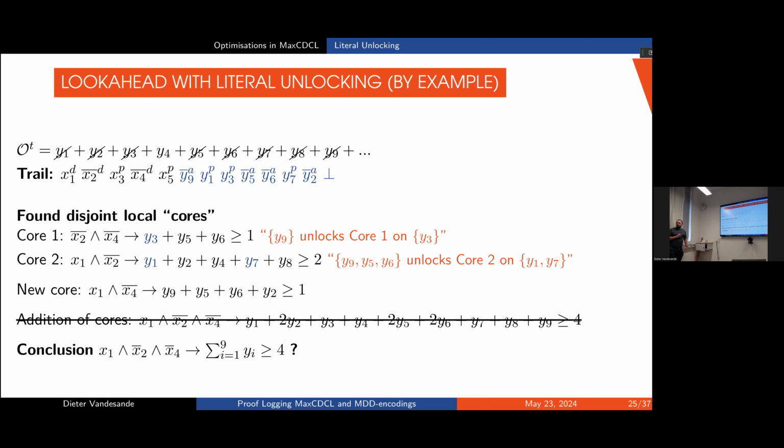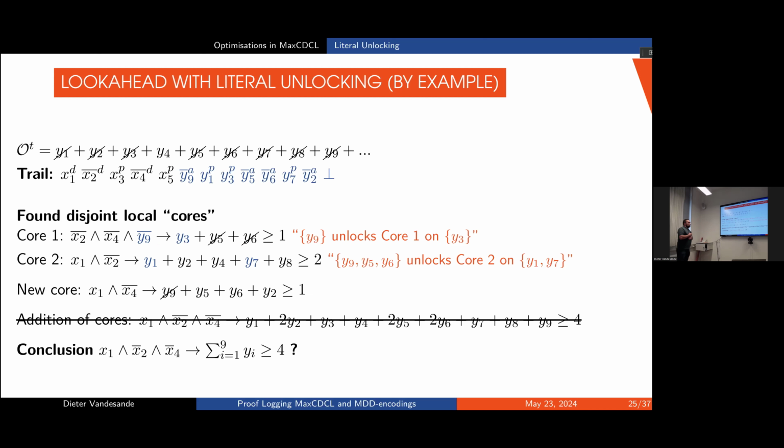Let's assume now the opposite, that y9 is false. Well, in that case, y9 propagates y3 to be true. So we can actually replace this core by y3 and y5 and y6 needing to be greater than or equal to 4. We can just remove y5 and y6 there already. That's the idea. And now the same reasoning goes for y5 and y6.